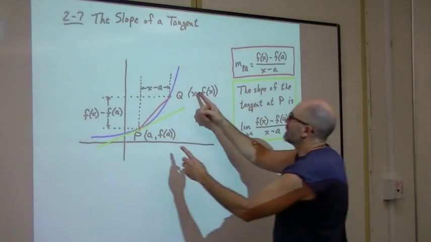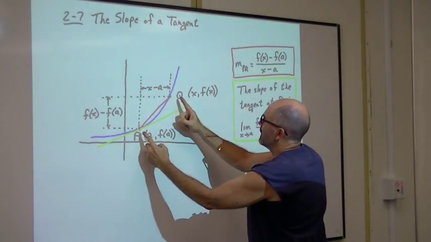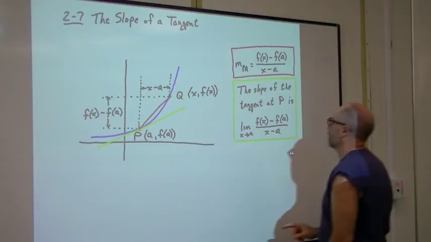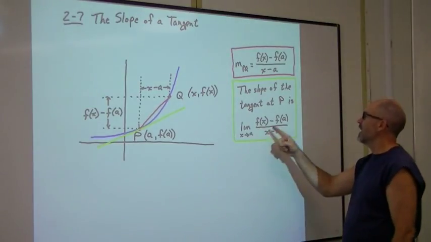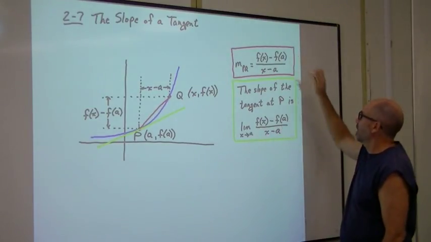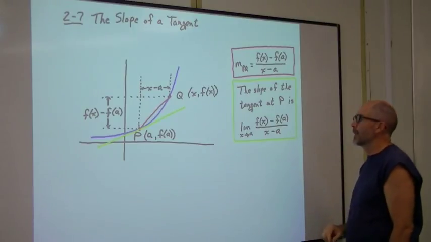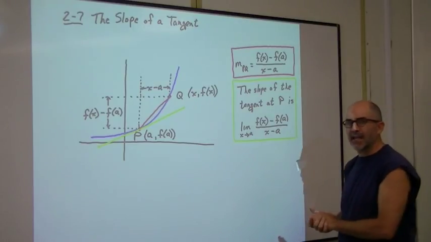See, as x approaches a, that means we're moving Q closer to P. So the limit as x approaches a of f of x minus f of a over x minus a. That's it, piece of cake.